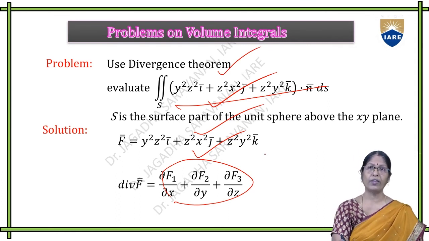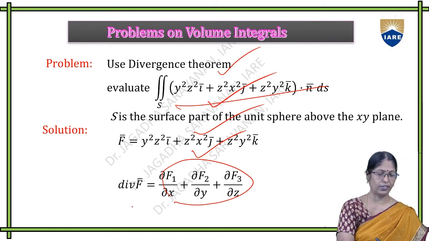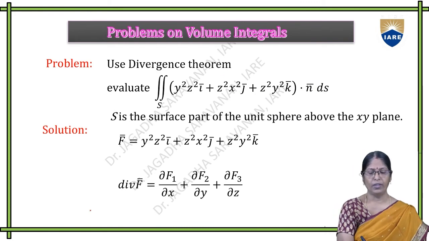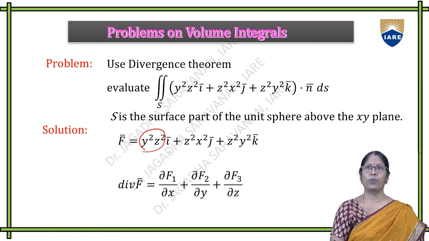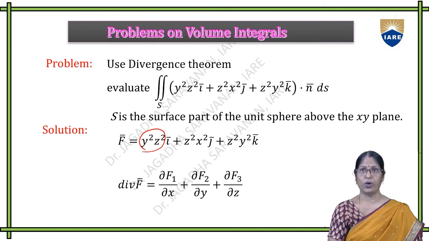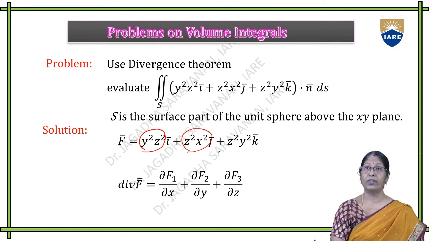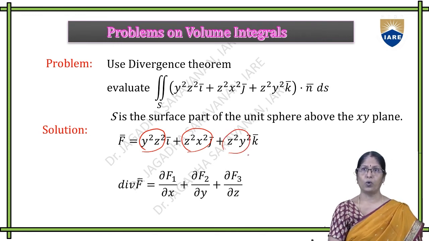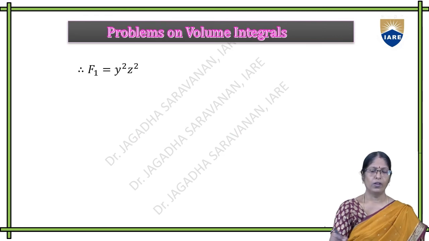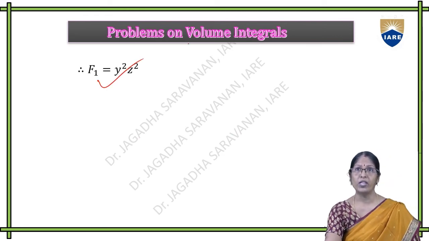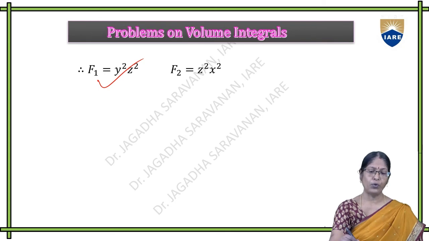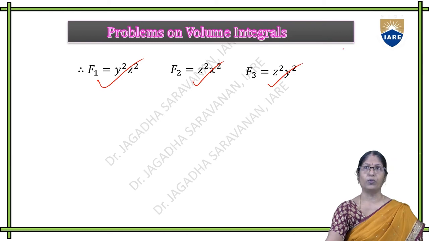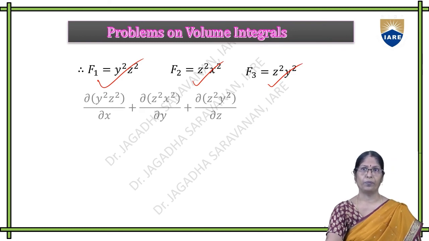First, when we compare with our vector function F, here our F1 is y square z square, F2 is z square x square, and the last one F3 is z square y square. So F1 equal to y square z square, F2 equal to z square x square, F3 equal to z square y square.